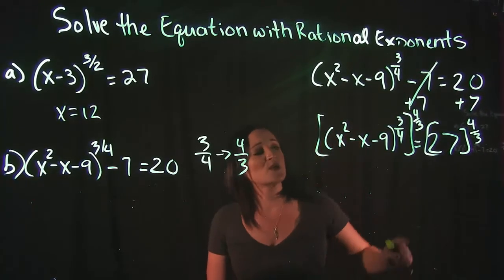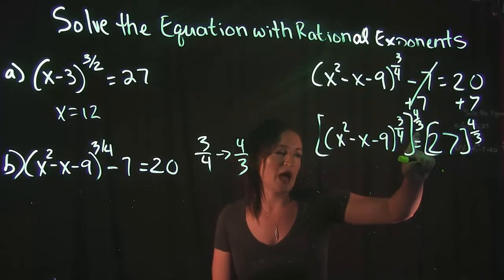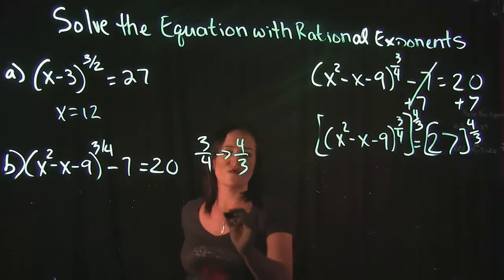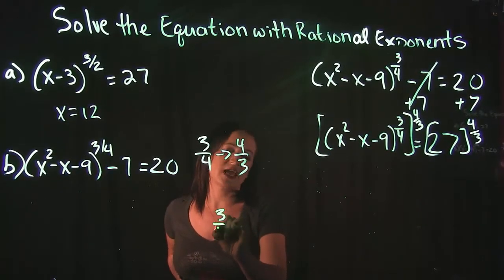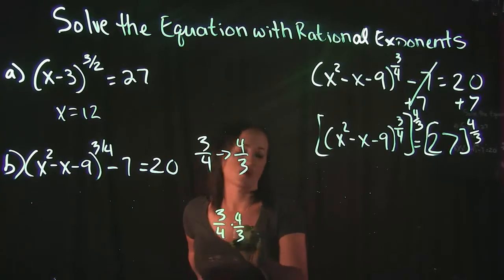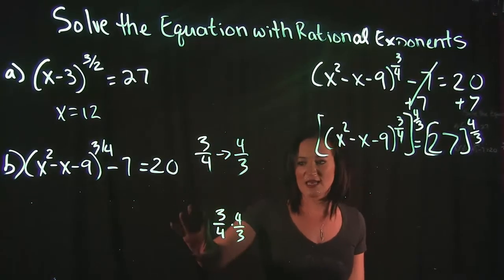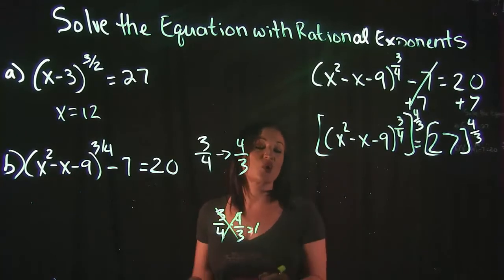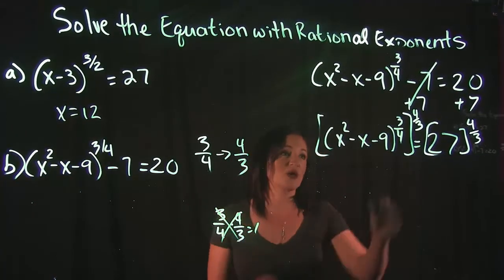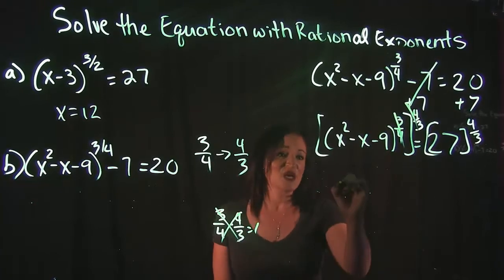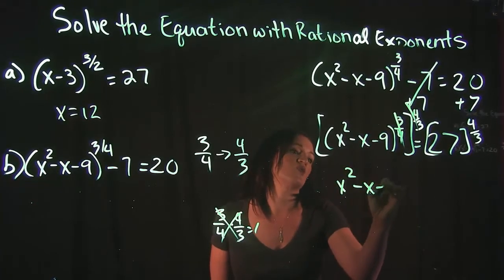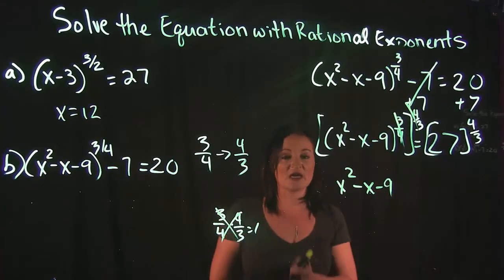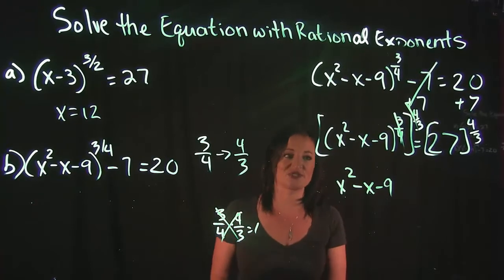On the left-hand side, remember that gives us a power to a power: 3/4 raised to the 4/3. That means we take 3/4 times 4/3. If you take any number and multiply it by its reciprocal, it's always going to cancel out to 1, which is why we do this. So it cancels out to 1, leaving us with a much simpler expression to solve.